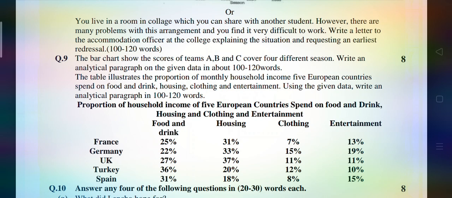However, there are many problems with this arrangement and you find it very difficult to work. Write a letter to the accommodation officer at the college explaining the situation and requesting an earliest redressal. Okay, this is also letter writing. So going through the exact format and the content regarding the question is compulsory. Try to understand the question, thereafter go through the letter writing.